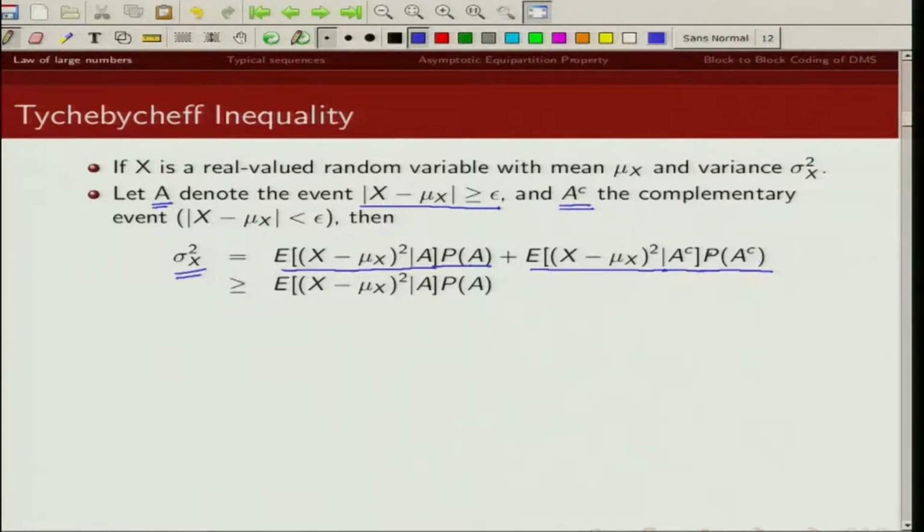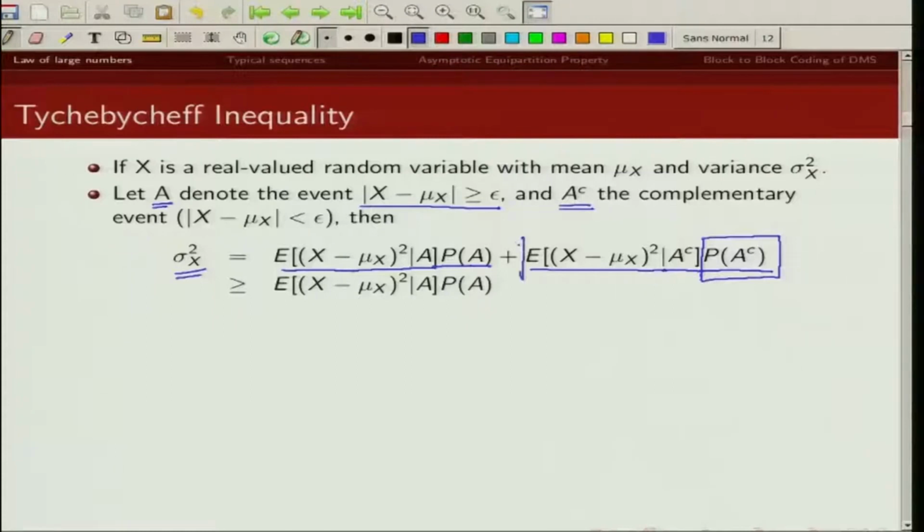Now look at these quantities separately. The probability of this complementary event is a probability, so it is a number between 0 and 1, and the expected value of x minus mu x whole square given the complementary event of A is also greater than or equal to 0.